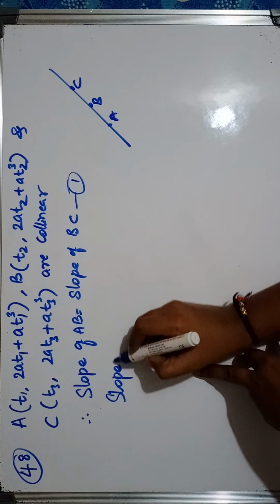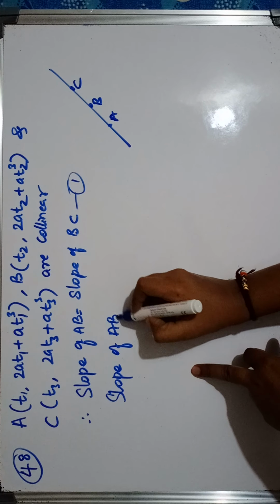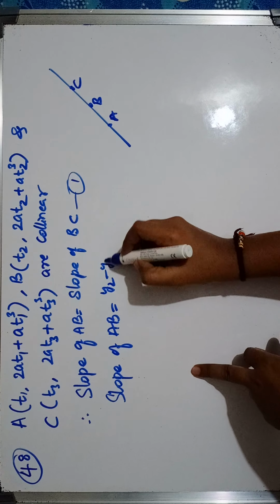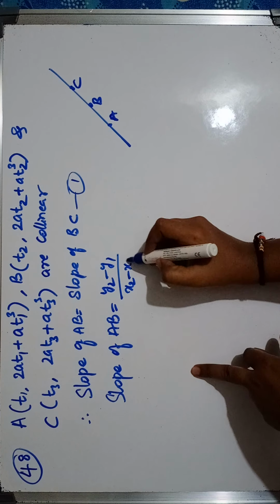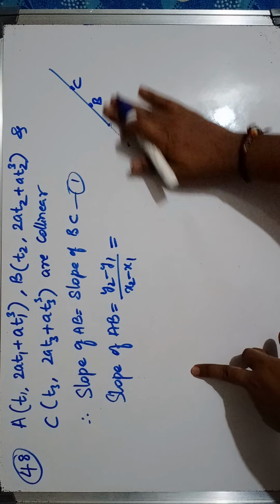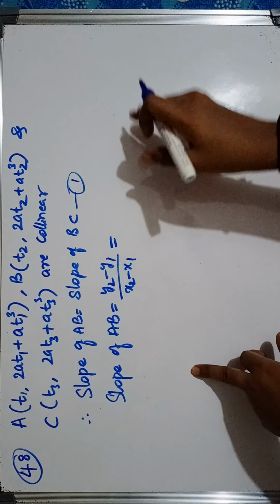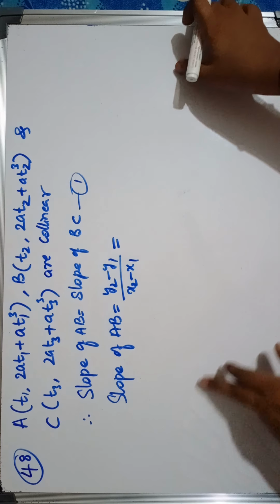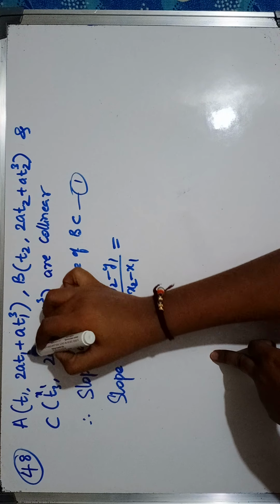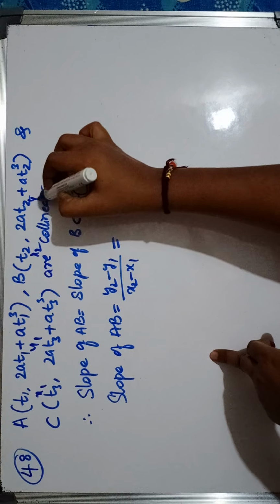So first of all, find the slope of AB. We have the formula y2 minus y1 by x2 minus x1. Consider this as x1, y1 and this point as x2, y2.